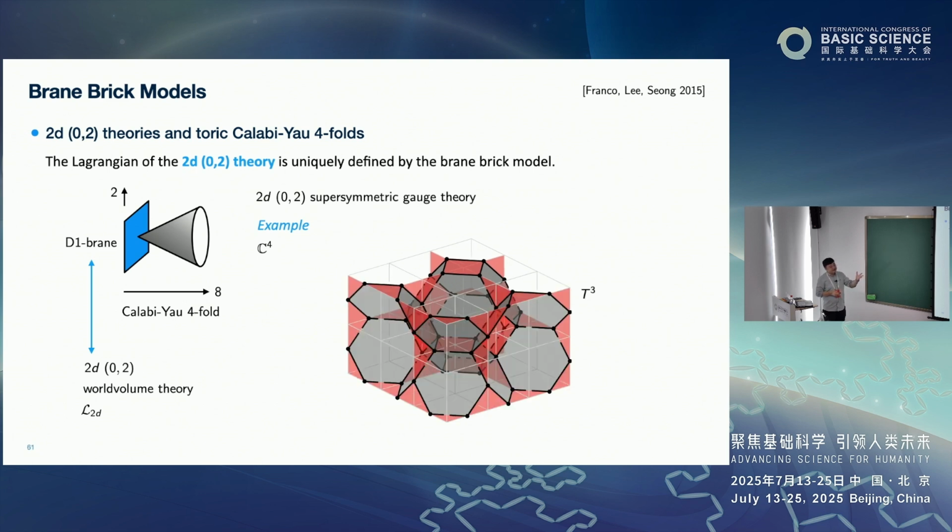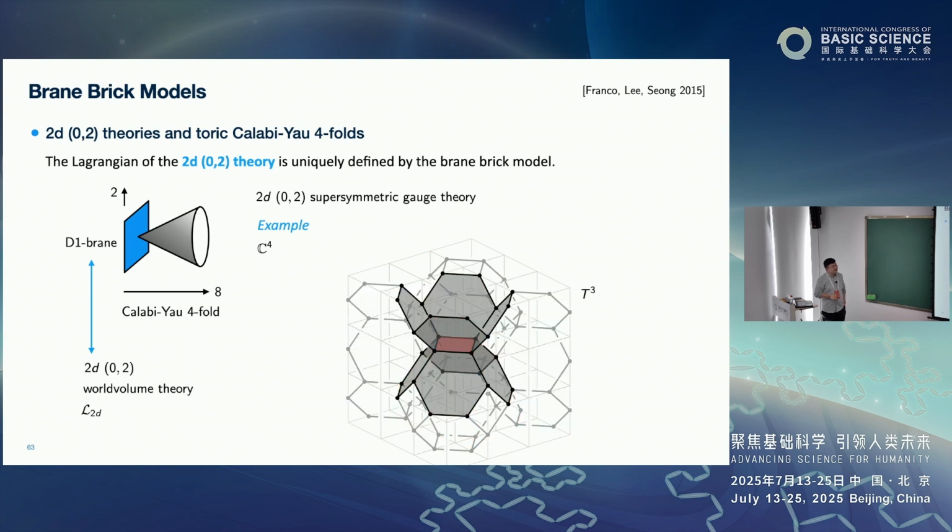But yeah, here you can see that this truncated octahedron corresponding to C4, the simplest Calabi-Yau 4-fold, is tessellating this three torus uniquely. And you can see that areas that correspond to Fermi multiplets, which we here represent as a square, are connected to areas that are associated to chiral multiplets.